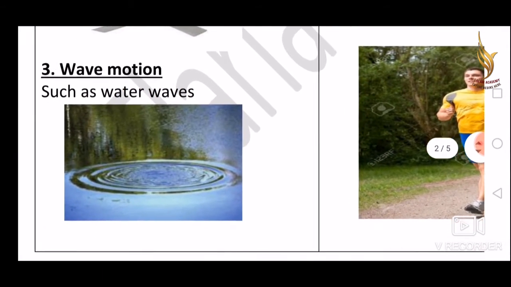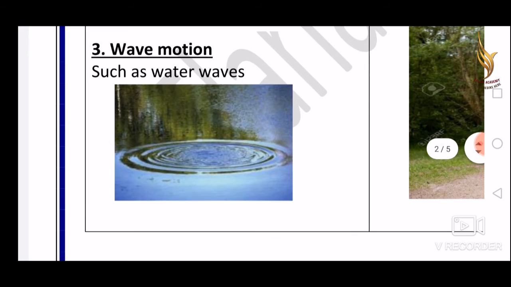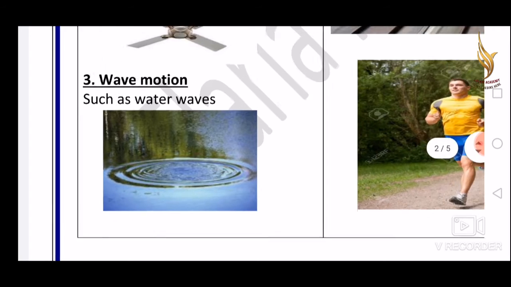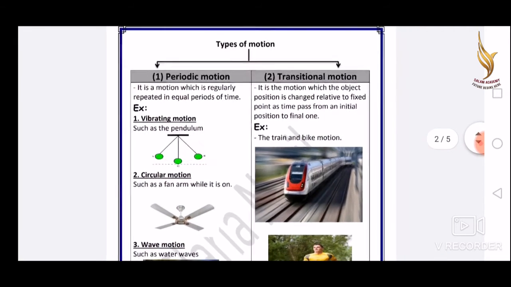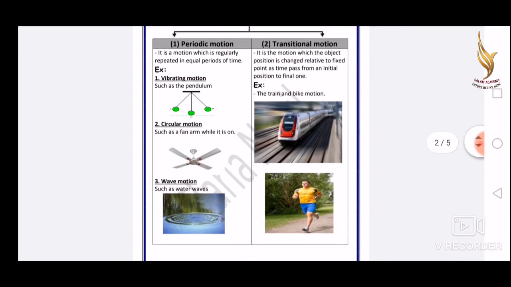Wave motion is considered periodic motion because it is repeated in equal periods of time. So first we talked about periodic motion. Periodic motion is motion repeated in equal periods of time, like vibrating motion, circular motion, and wave motion. Okay?